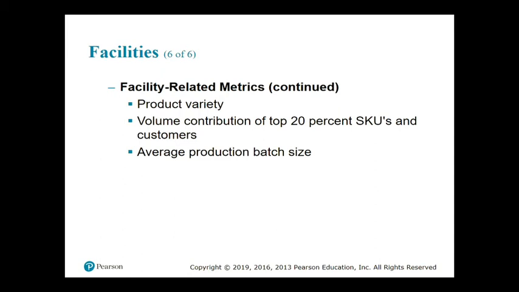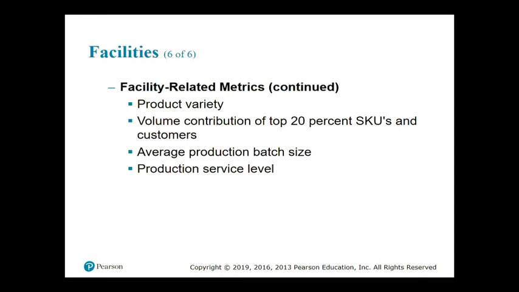So average production batch size is the average amount produced in each production batch. And large batches will tend to generate a more cost-efficient process, but of course it will increase inventory.